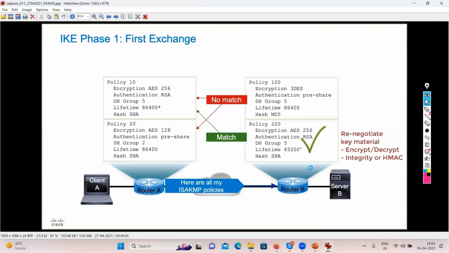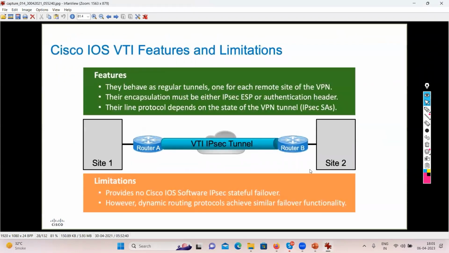Now comes phase 2. See, peer authentication, Diffie-Hellman groups. Groups means what will be the algorithm to generate the keys, what will be the keys. As per the group, it will generate more and more tough keys.